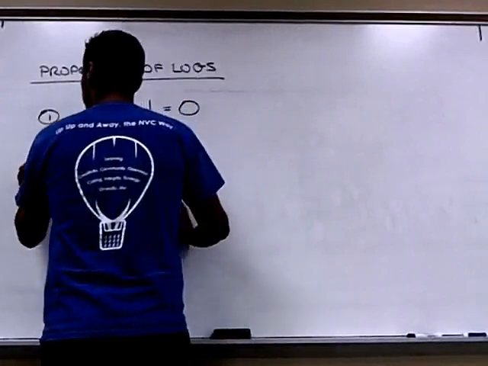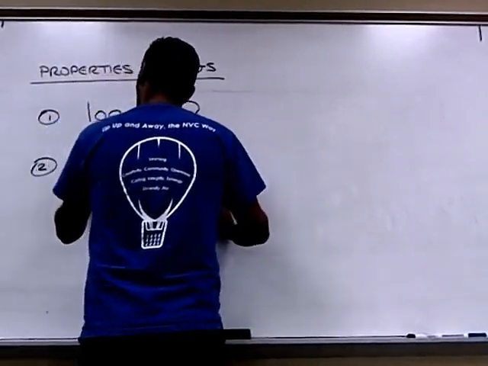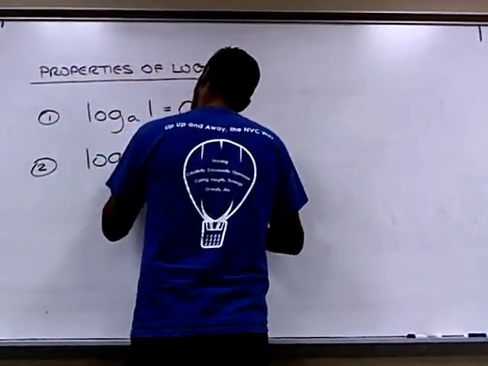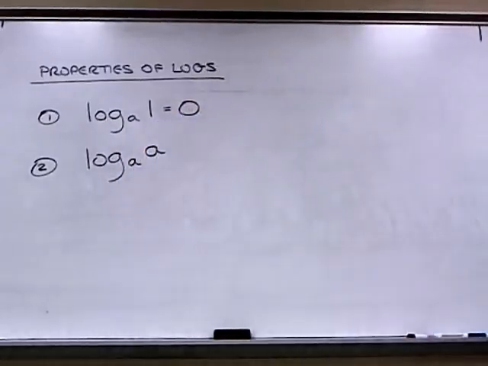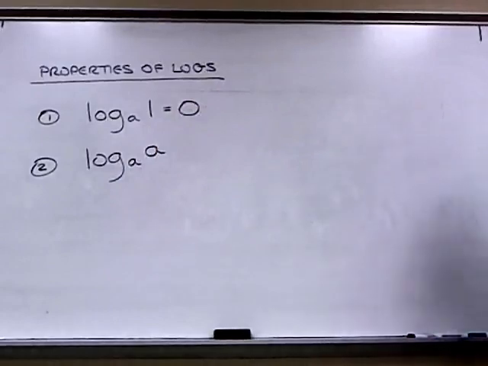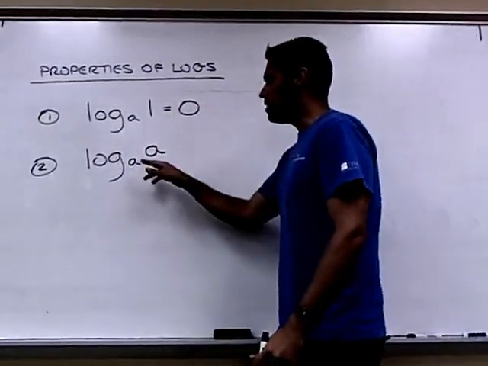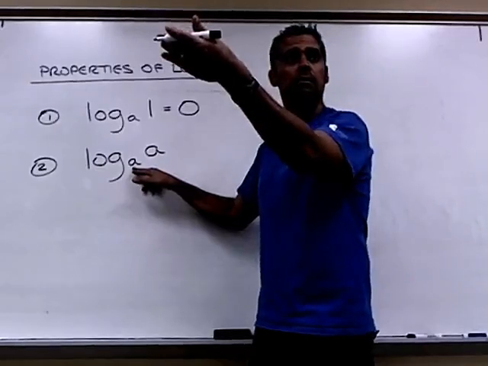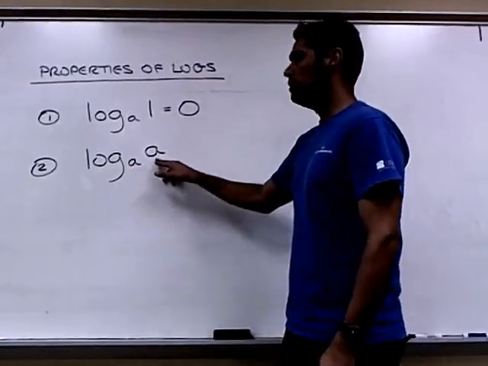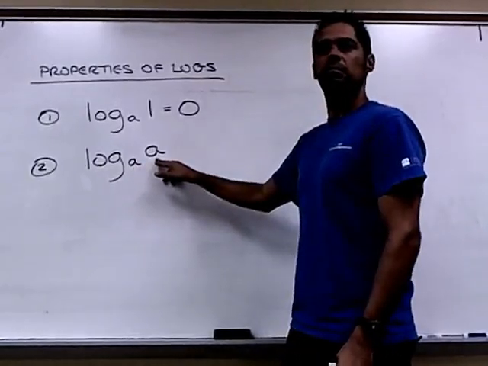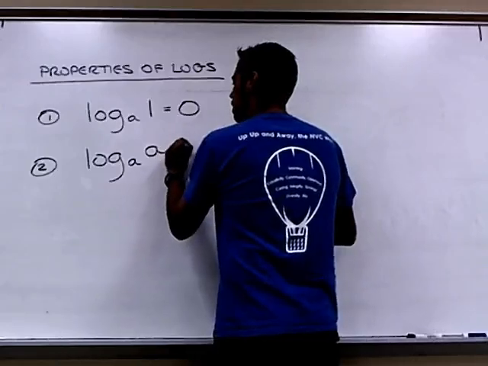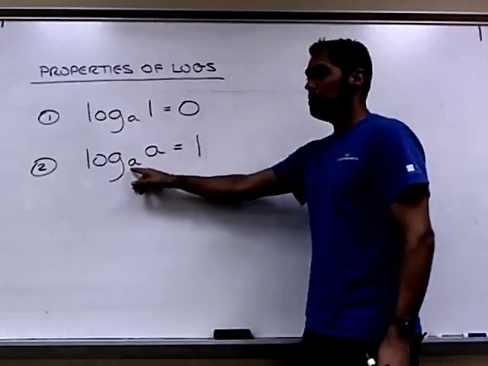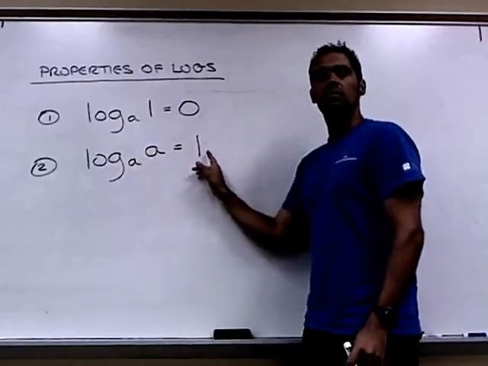How about this? Log base A of A. So you're saying A to what power gives me A? First power, right? A to the first power. So if the base matches what's in here, your answer is always 1.